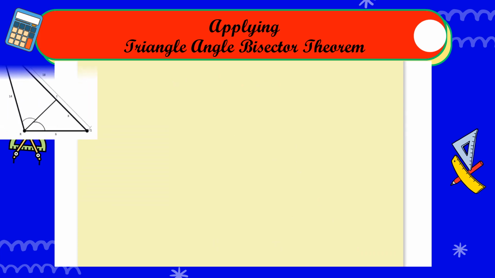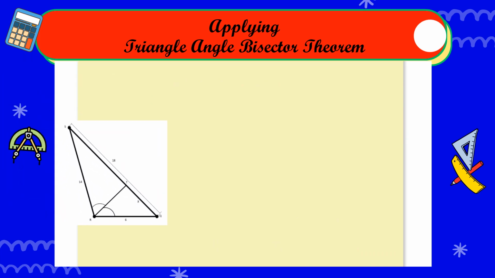More examples. So we have here this figure. I hope this is clear to your eyes because the given are very small. So this is 14 and this is 6. This, all of this, kani siyang tanan is 18.